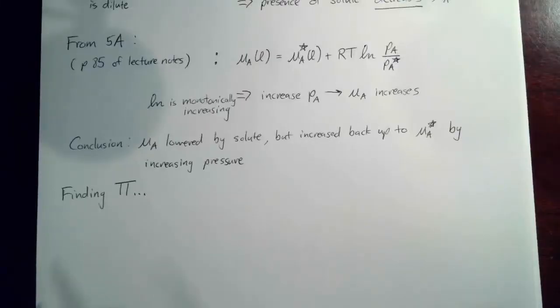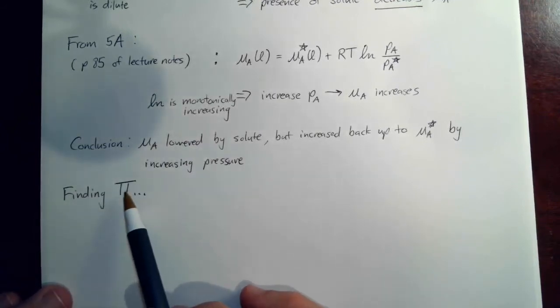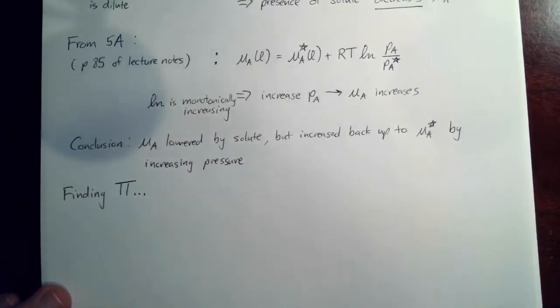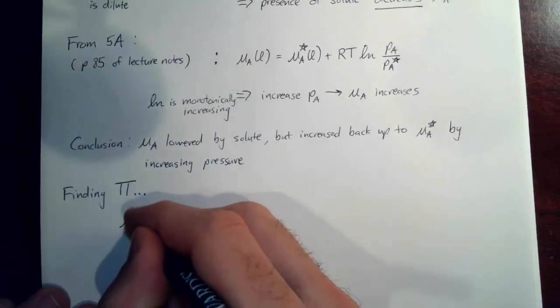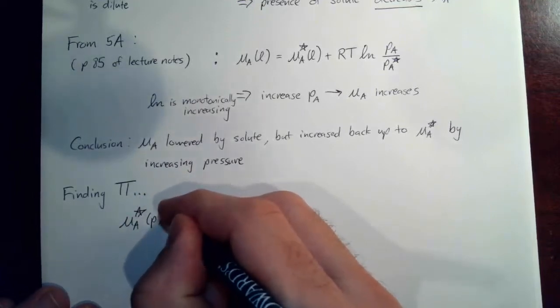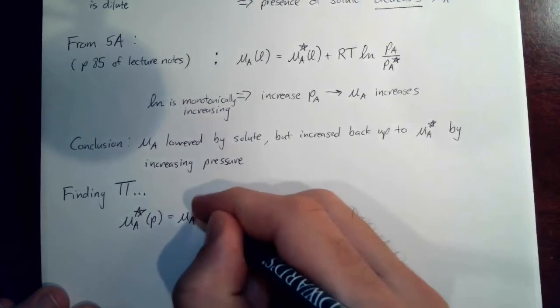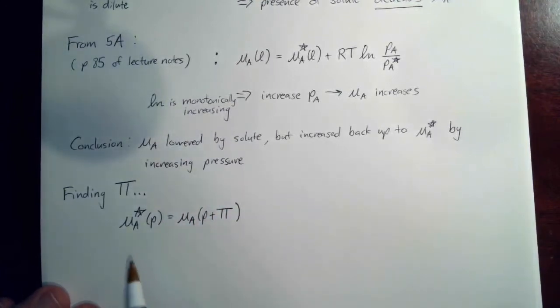All right, now we're ready to start looking for π and how we can solve for π. We're going to use two equations here. We're going to use this equilibrium condition that I established above next to the drawing, and you could take this as the definition of the osmotic pressure.